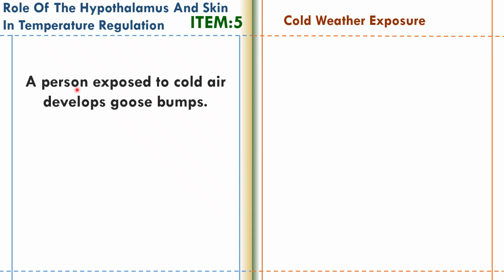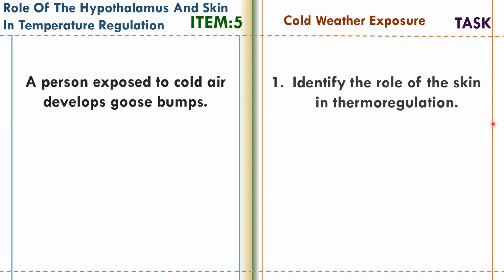We're still looking at the role of the hypothalamus and the skin in temperature regulation, item 5. Looking at cold weather exposure. A person exposed to cold air develops goosebumps. Task. Identify the role of the skin in thermoregulation. Explain the response observed.